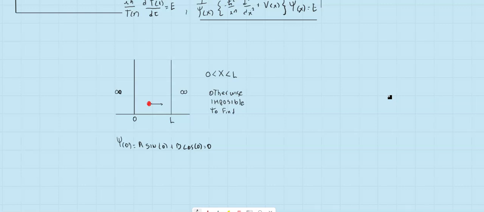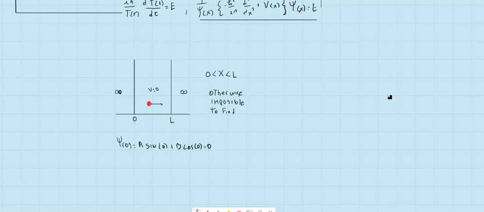See that outside the potential is infinite. The potential inside is equal to 0. My particle is just moving back and forth. So I have that x has to be greater than 0 but less than L, even at the boundaries.